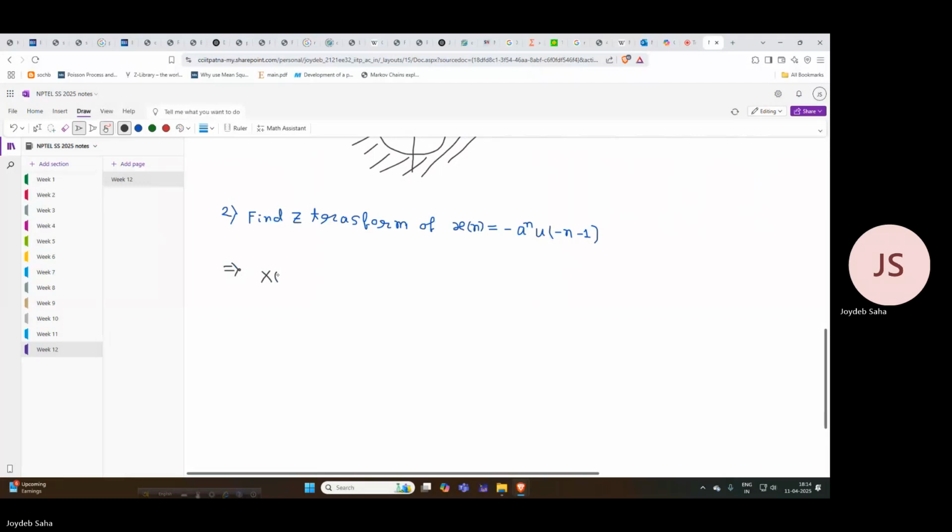Again, X(z) is equal to the summation from n equals minus infinity to plus infinity of minus a to the power n u of minus n minus 1 z to the power minus n.